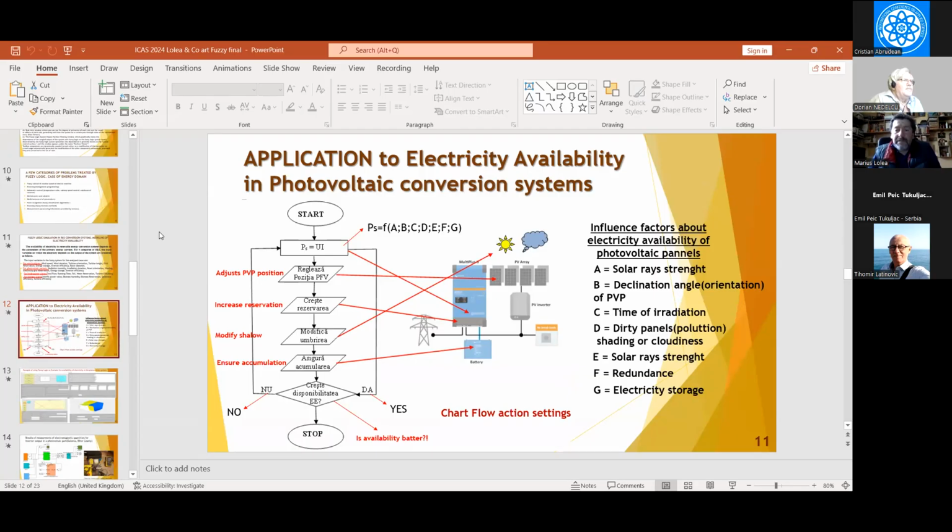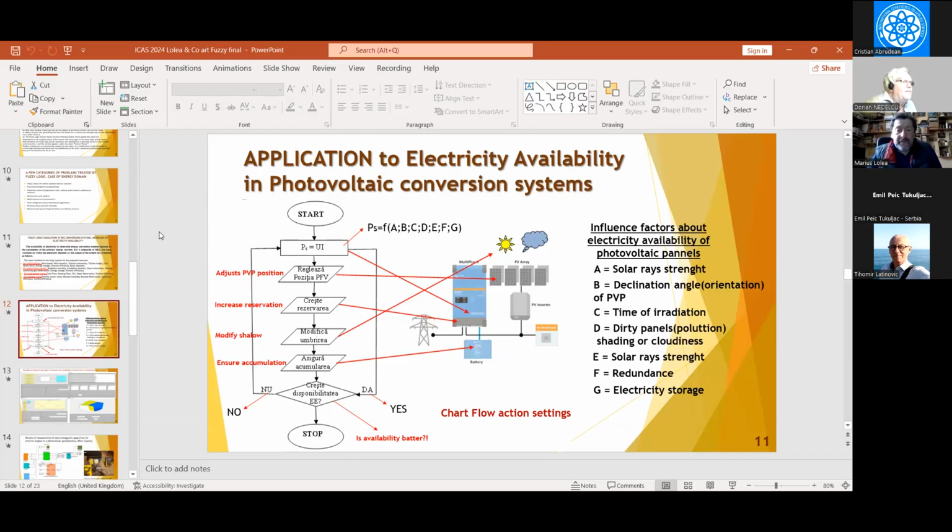We note them with letters from A to G. A means solar ray strength, B equals the declination angle of orientation of the photovoltaic panels. C is the time of irradiation. D means dirty panels, pollution, shading or cloudiness. E is solar ray strength. F is redundance, and G is electricity storage.